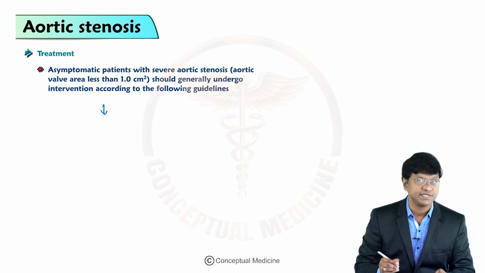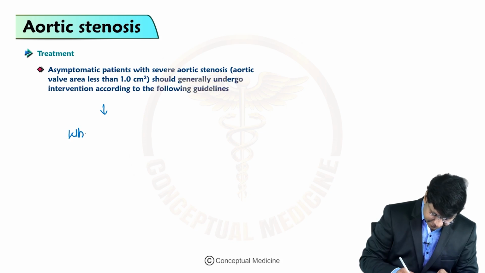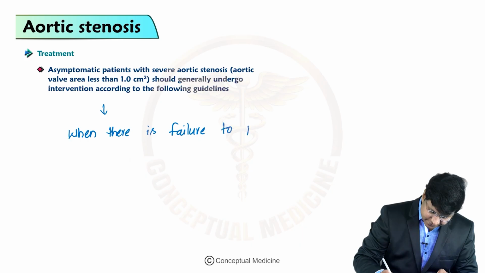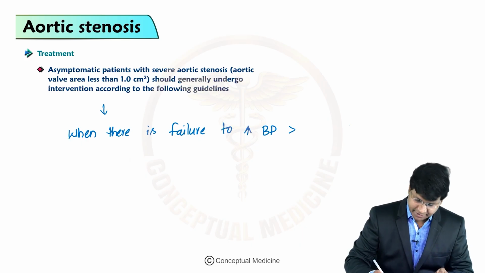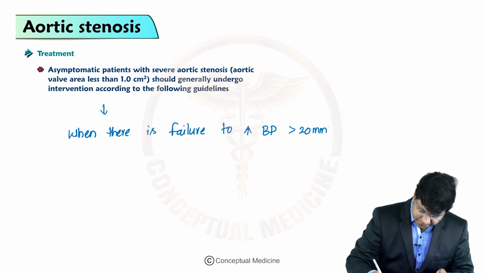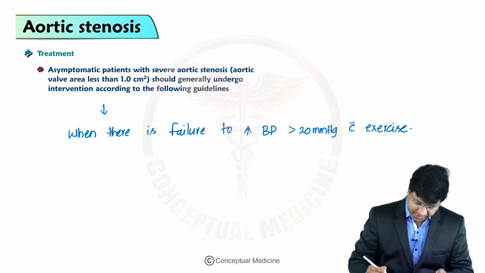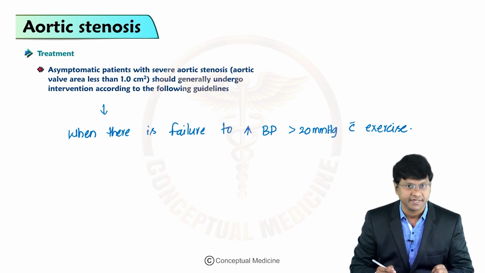When there is failure of the blood pressure to rise more than 20 millimeters of mercury with exercise, okay, that is another indication in asymptomatic severe aortic stenosis where they have to undergo aortic valve intervention.